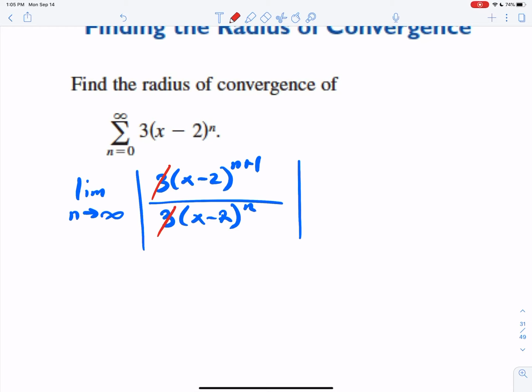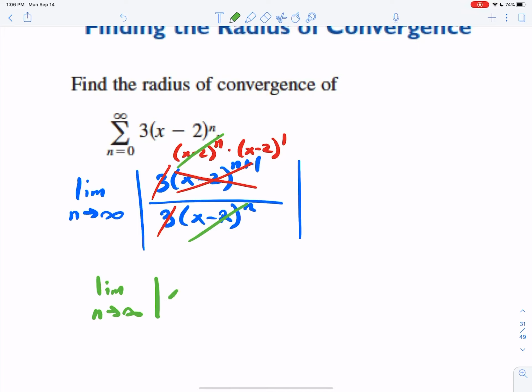In the numerator, (x minus 2) to the n plus 1 is the same thing as (x minus 2) to the n times (x minus 2) to the first power. I write it like that so that I could reduce out the (x minus 2) to the n's. So we're left with the limit as n goes to infinity of the absolute value of x minus 2.